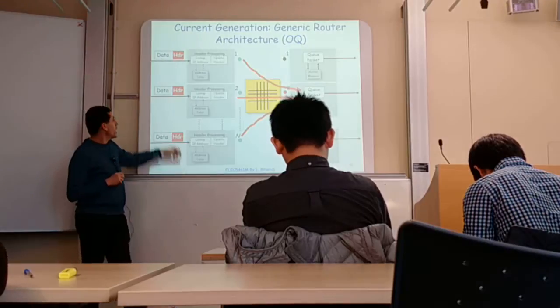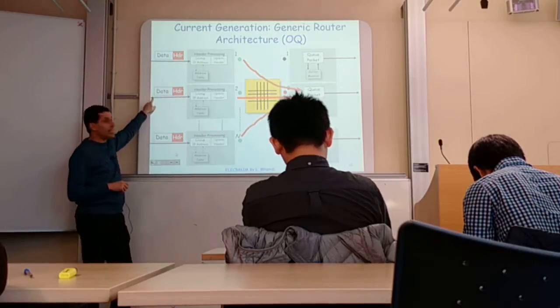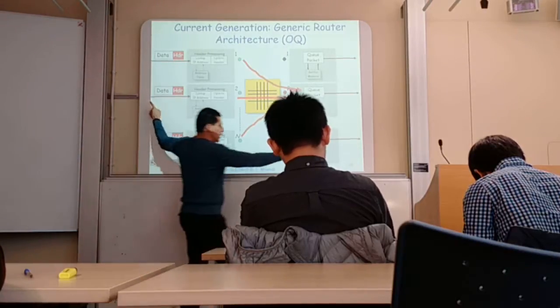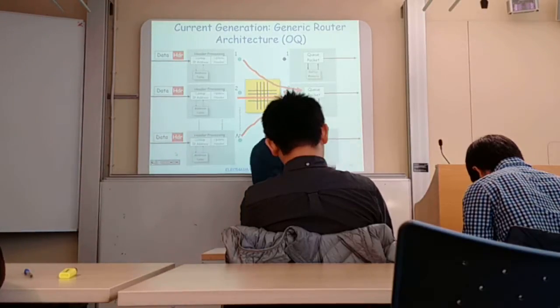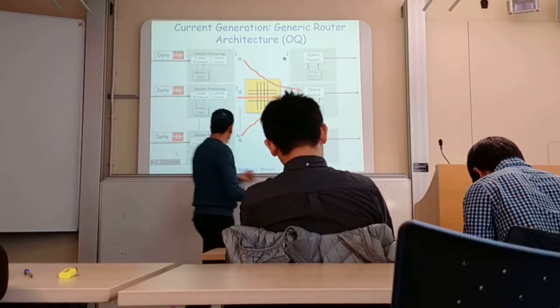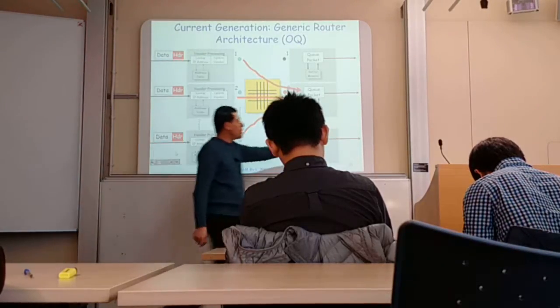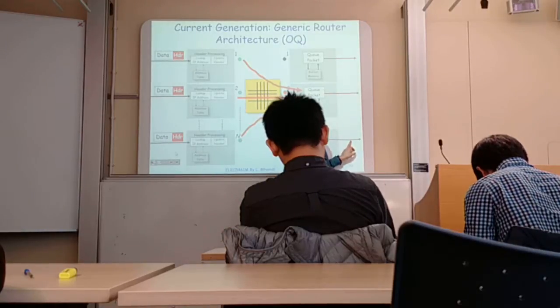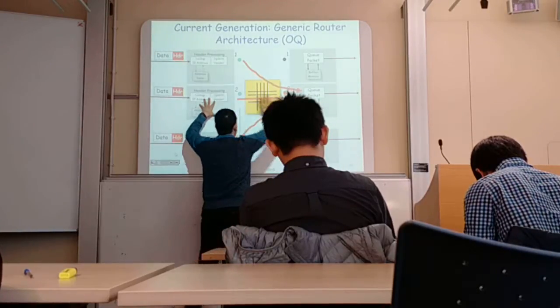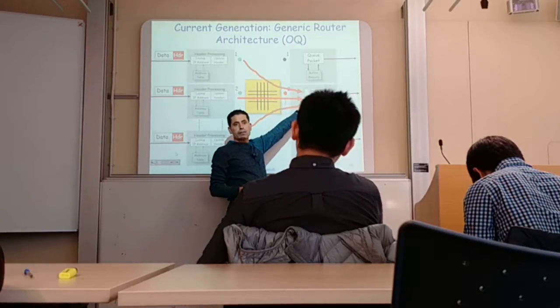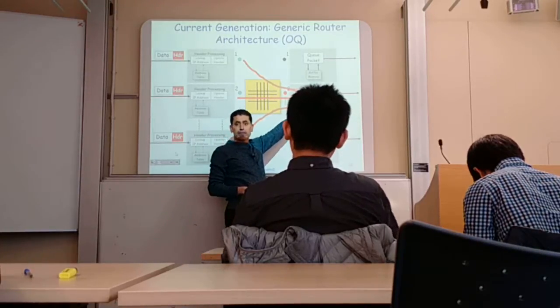I must tell you that the link rate at the external line is equal, because it's input output. So if the packets come here at the rate of 1 packet per second, they will be going out at 1 packet per second. But internally, because I don't have buffering, this must run at 3 packets per second. Is this clear? Extremely important.